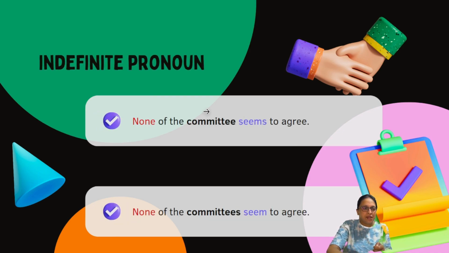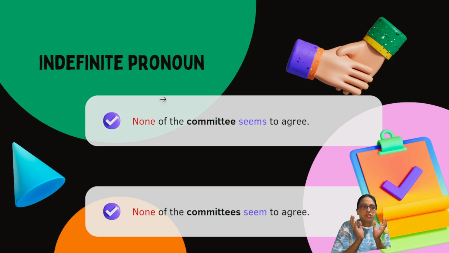Let us see another example. None of the committee seems to agree. We have taken a singular verb here. Why? When we are talking about the committee, the committee as a whole cannot be counted. It is a whole thing.